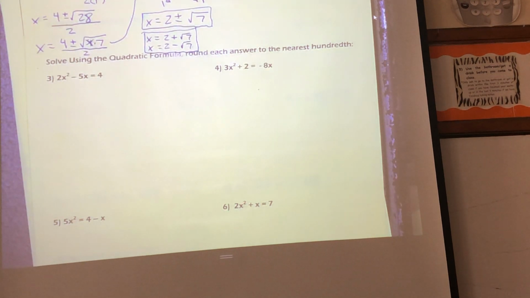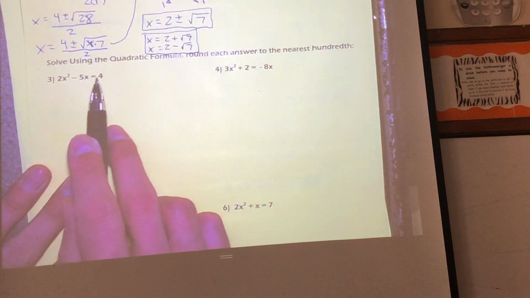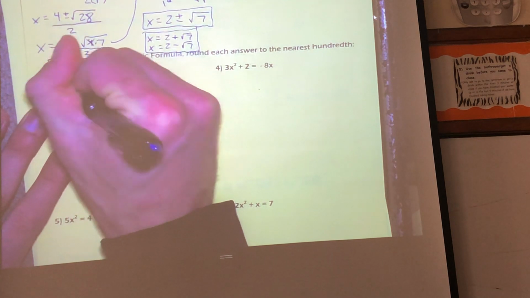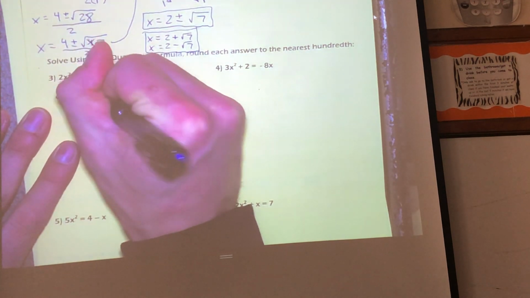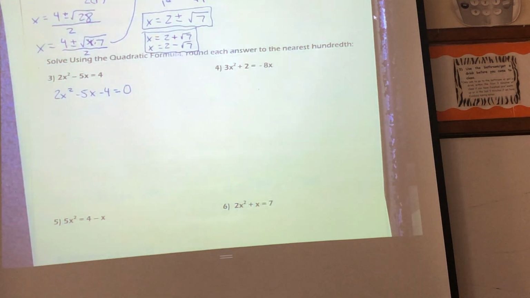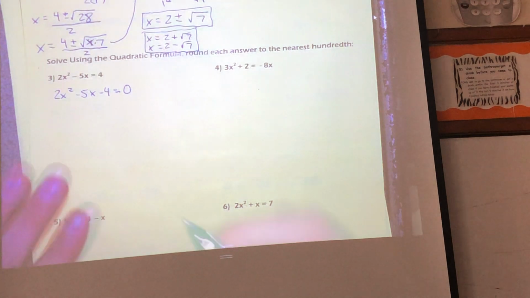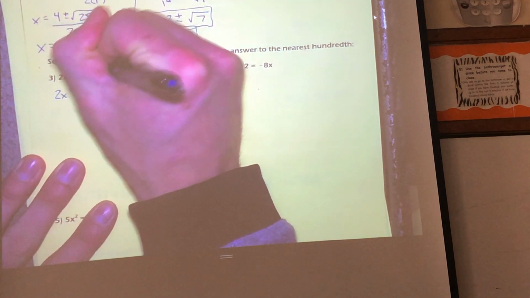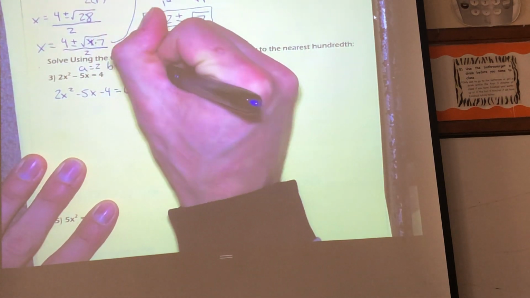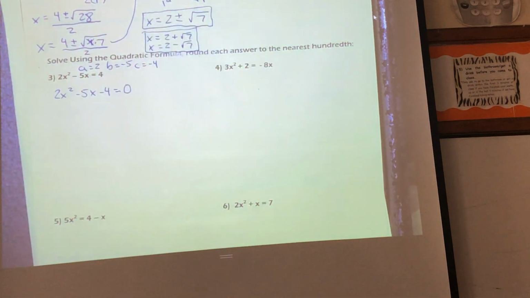All right, so for number 3, first thing we have to do, standard form, so we subtract 4. So we have 2x squared minus 5x minus 4 is equal to 0. Now we want to state our a, b, and c values. So we know a is 2, b is negative 5, c is equal to negative 4. We're now going to plug this into the quadratic formula.